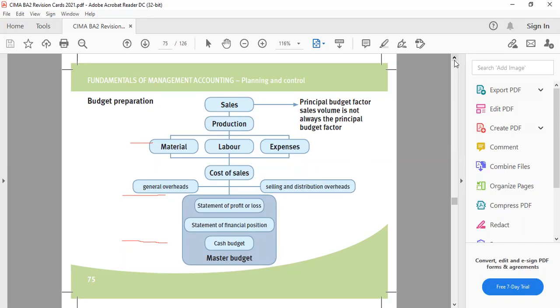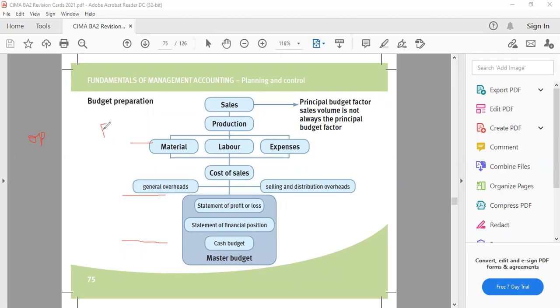The first and foremost budget which is prepared in the organization. Broadly speaking, there are two types of budgets. One is operating budgets, and the second one is financial budgets.